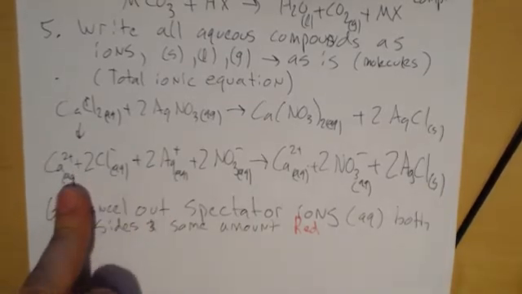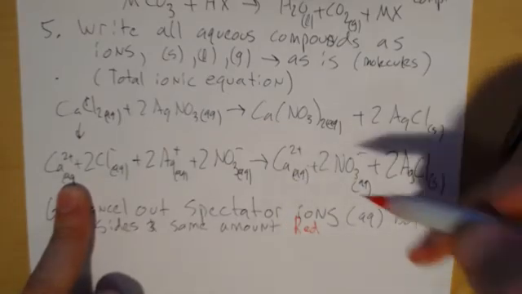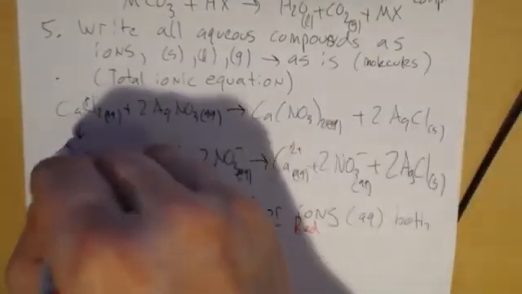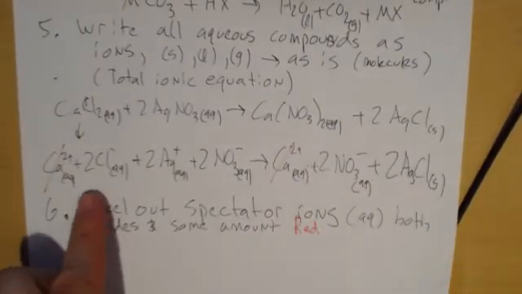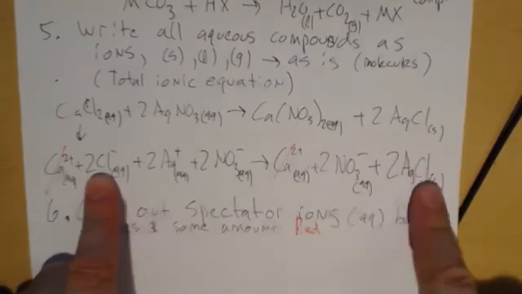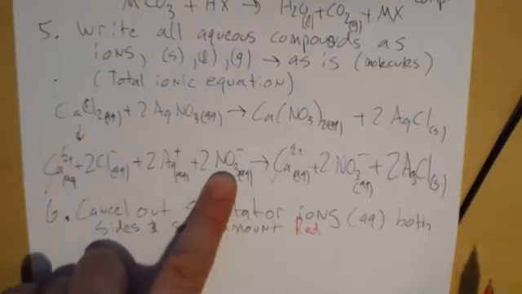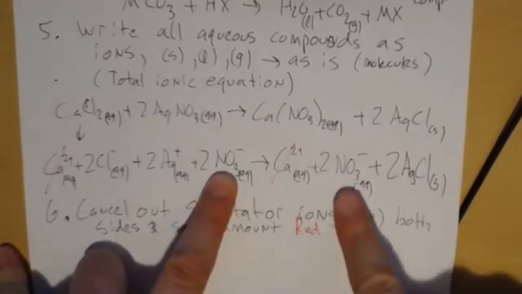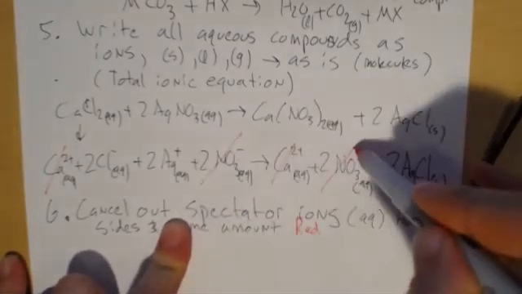What's aqueous on both sides? I see calcium. Calcium cancels. Someone said chloride. Chloride's aqueous here, but it forms a solid, so that one doesn't. But yes, someone said NO3 minus. I have two NO3 minuses here and two NO3 minuses there. So that's gone.